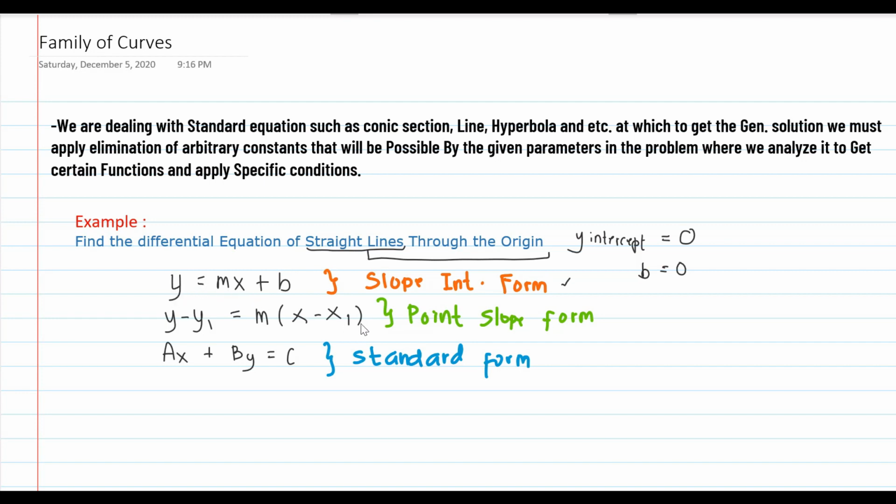However, if we use the second equation, there are a lot of parameters that we must consider: y1, x1, as well as the standard form. So we rule out these two equations. We will use the first equation.